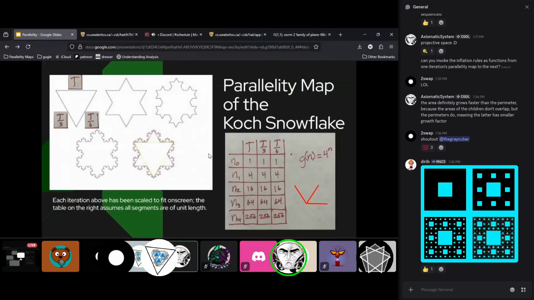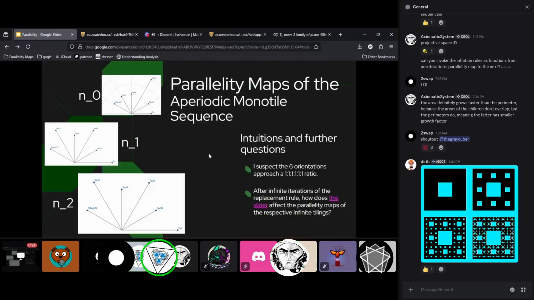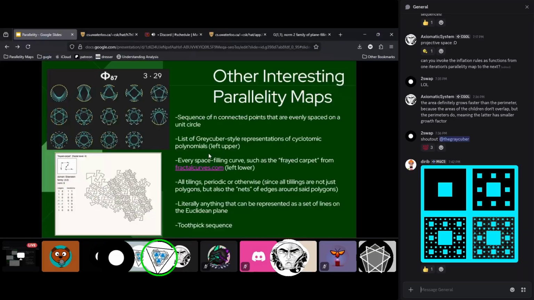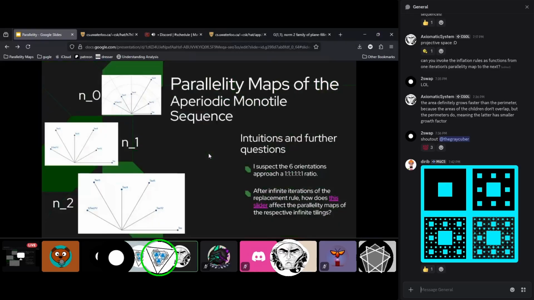I kind of got lost around negative line segments. Are those just lines being used to cancel other lines, or are we actually talking about something else? Yes, there is no such thing as a negative line segment, but as far as the operation of adding two parallelity maps together, a negative line is the difference between them, right? It's what's added to cancel out.